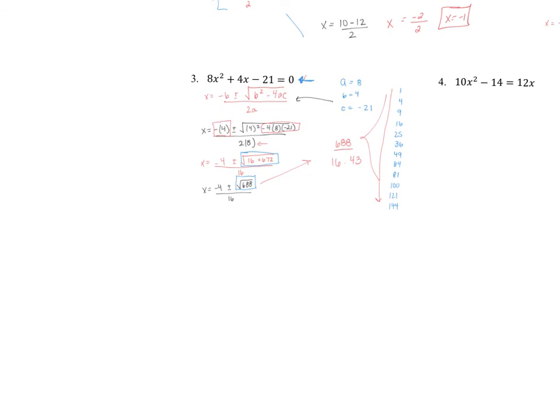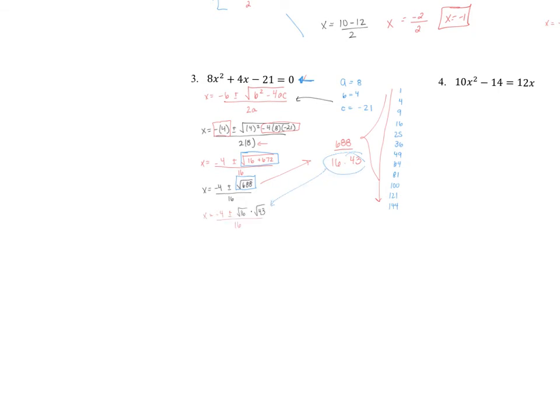So now what we're going to do is plug this back into our simplified radical, okay? Now, what I'm going to do here is say x equals negative 4 plus or minus. Now I'm taking the terms that we chose and plugging them back into our quad formula. Okay, so I'm going to write them in black. The square root of 16 times the square root of 43, and it's still over 16.